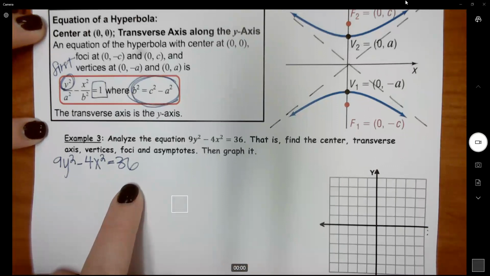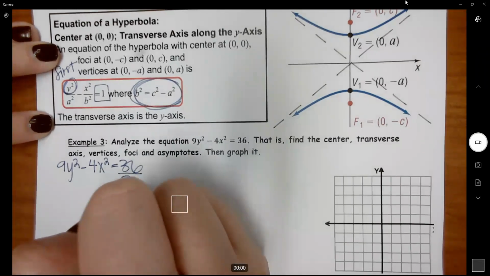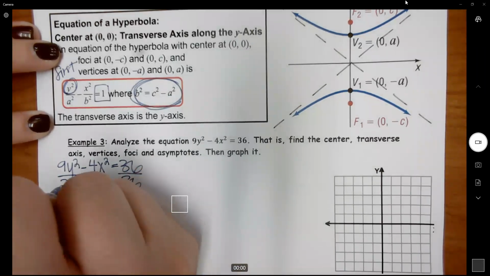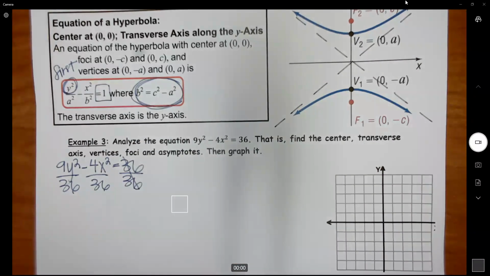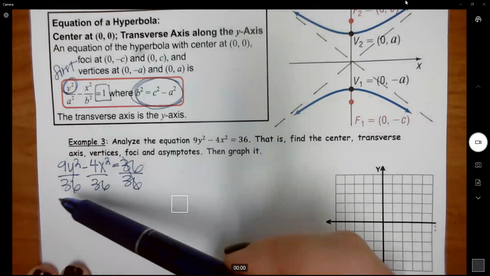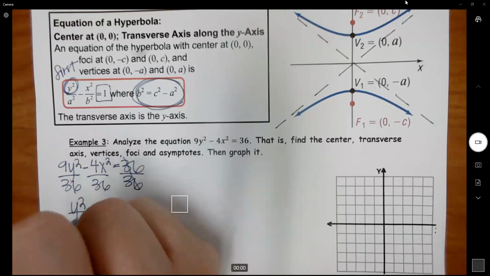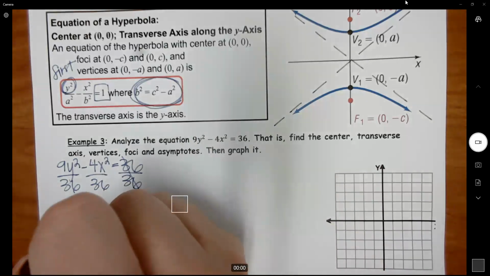So to get this to equal 1, we need to divide by 36. If I divide this by 36, I need to divide everything by 36. Now, this is really just reducing your fractions. 9 over 36 is the same as 1/4. 4 over 36 is the same as 1/9.